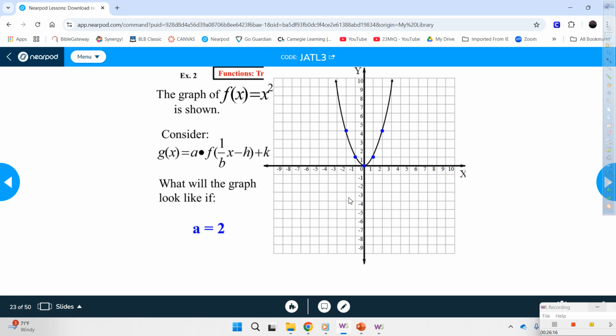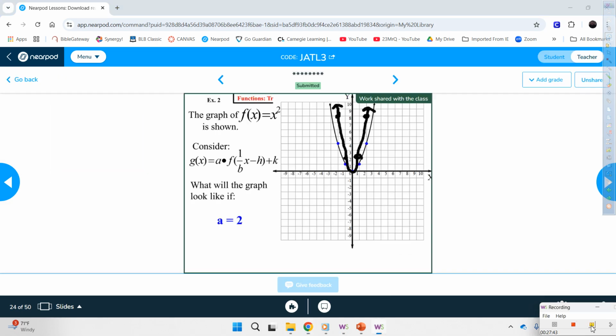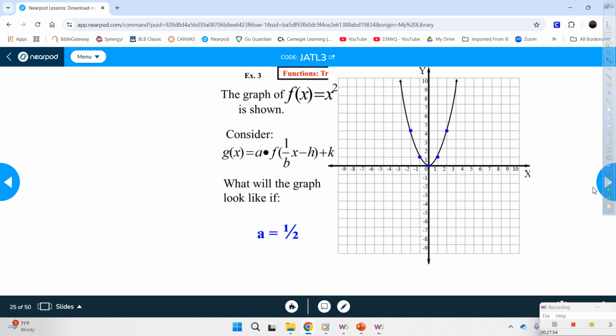Go. All right, sketch it on your screen. So what happened to those points, Joseph? They stretch, that is correct.